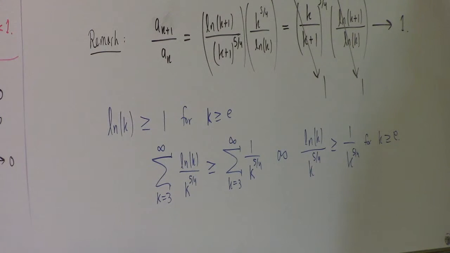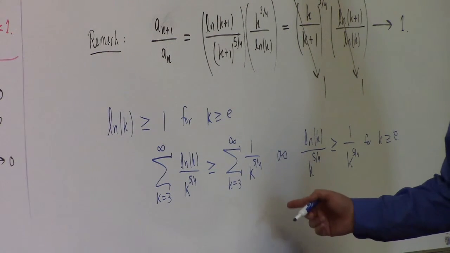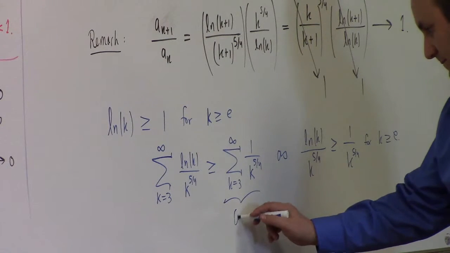Of course, 3 is greater than e, as is 4 and 5 and 6 and 7. So by the basic comparison test, but this converges.